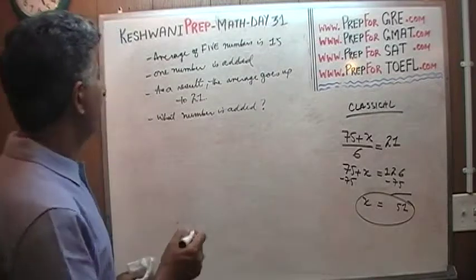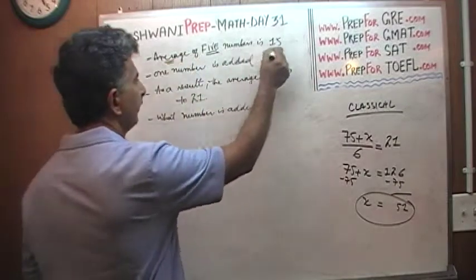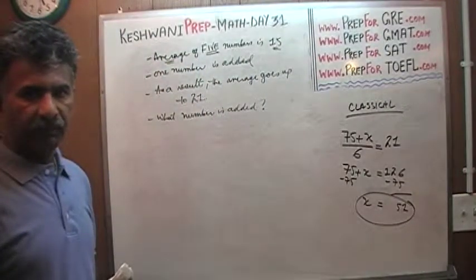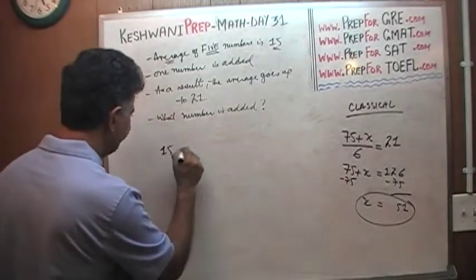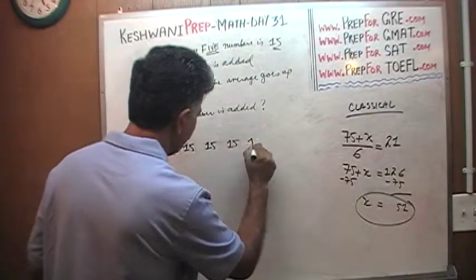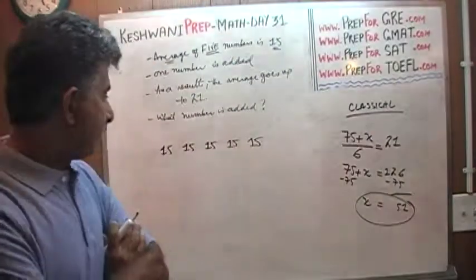Now, we have 5 numbers, and their average is 15. Well, if their average is 15, the easiest way to come up with the 5 numbers whose average is 15 is to make up 5 15s. 1, 2, 3, 4, and 5. There you go.